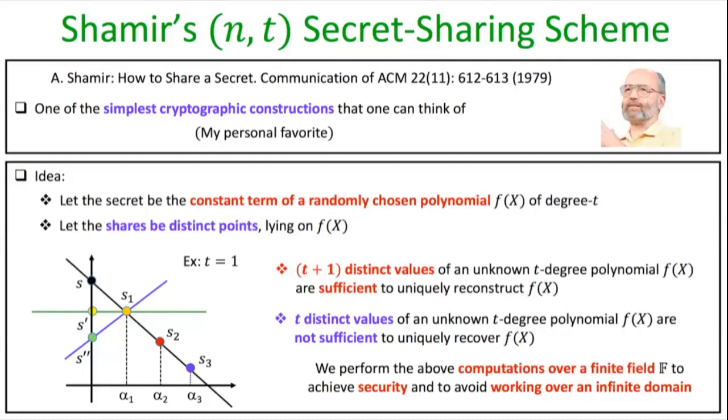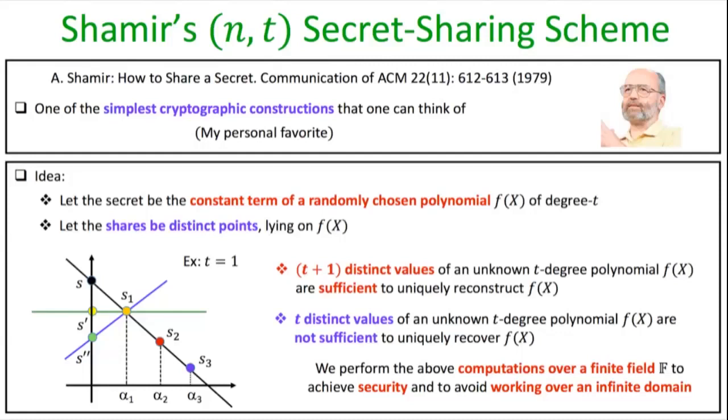But if I give you only one share of the unknown straight line, then you can't pinpoint what exactly was the straight line which was used. For instance, if I give you the share S1 and challenge you to tell me what the secret S was, you can't pinpoint it, because through this S1 there are an infinite number of straight lines which could pass.